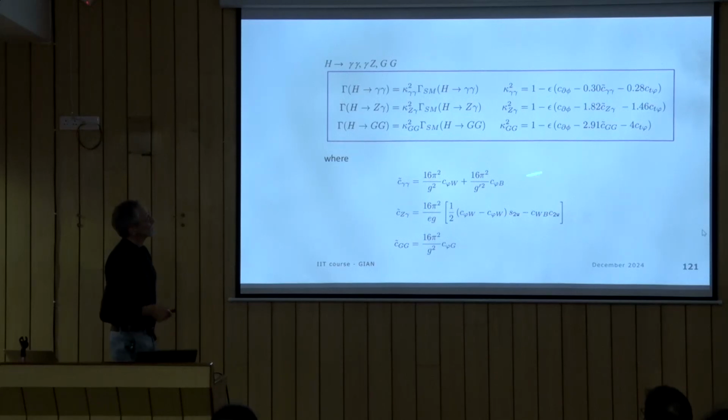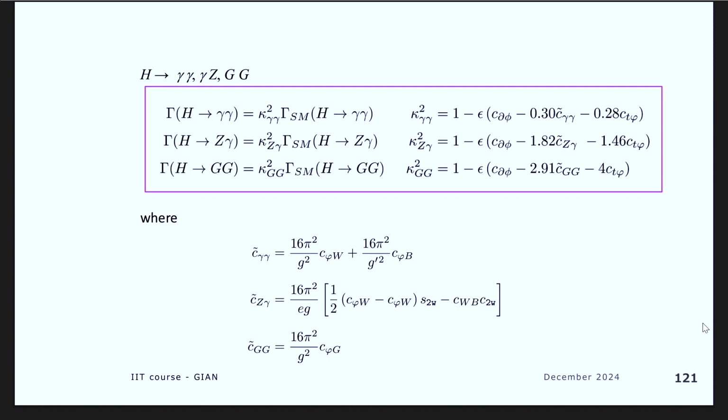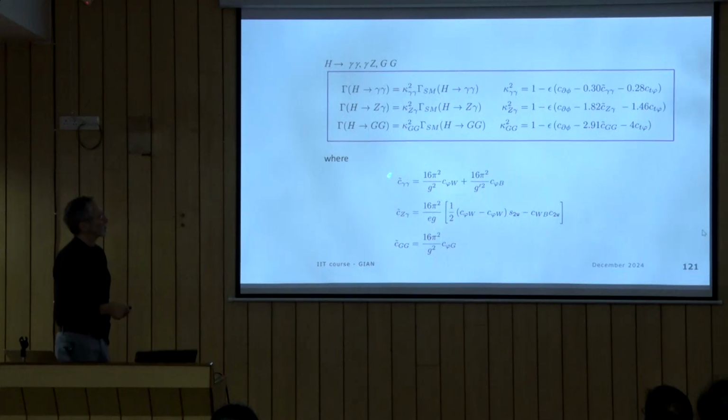Similarly for these things, there is no reason to suppose that these particular expressions will hold. On the other hand, this is a result that connects, as I said, in a way, the physical underlying theory with the coefficients that you actually measure.